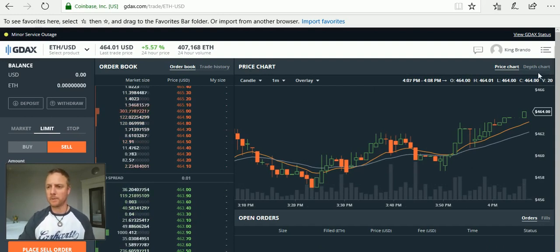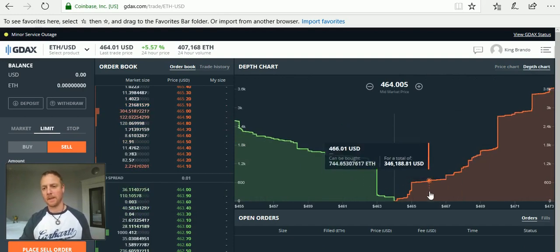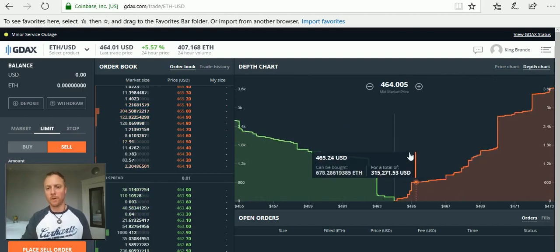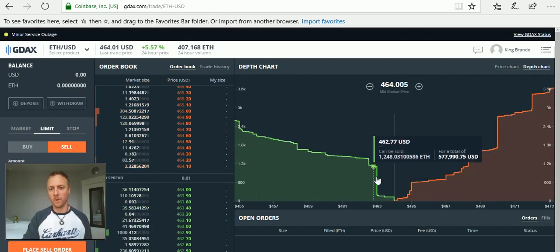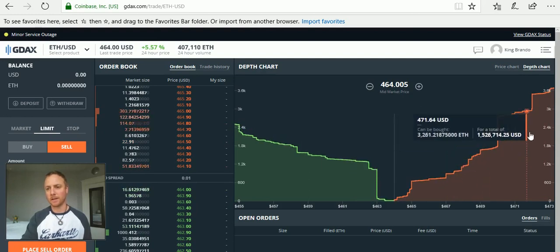One last thing, head up to the depth chart, and this is just showing you an overall image of who and where they're buying and who and where they are planning on selling. So I like to consider these basically like walls.